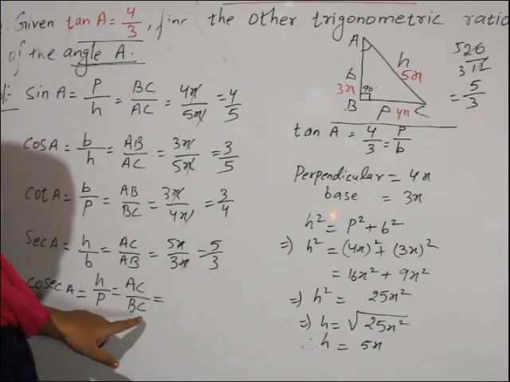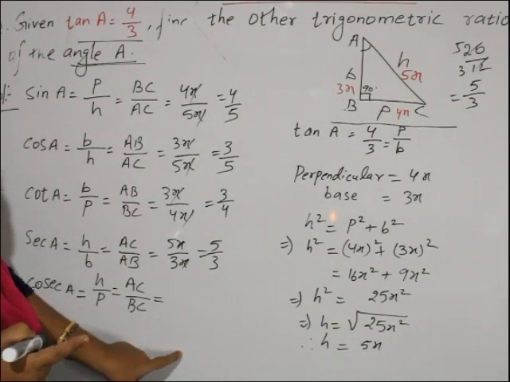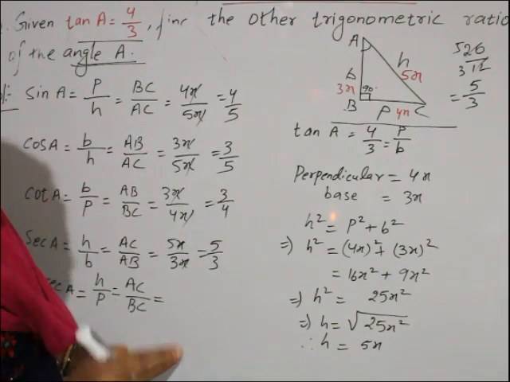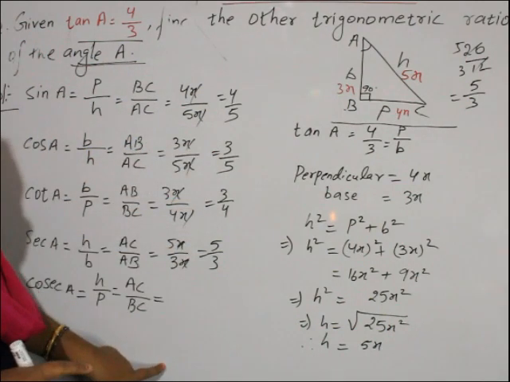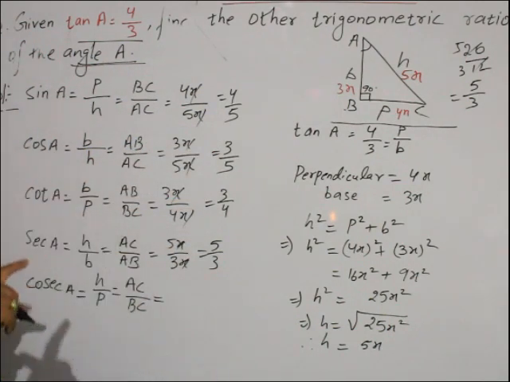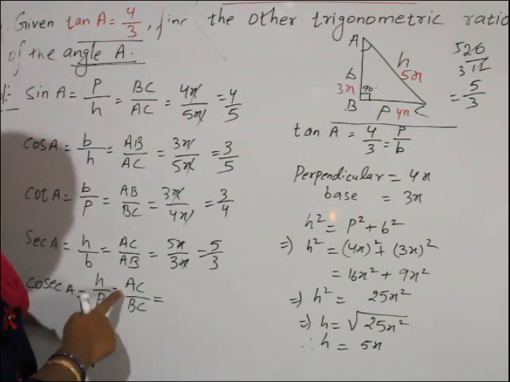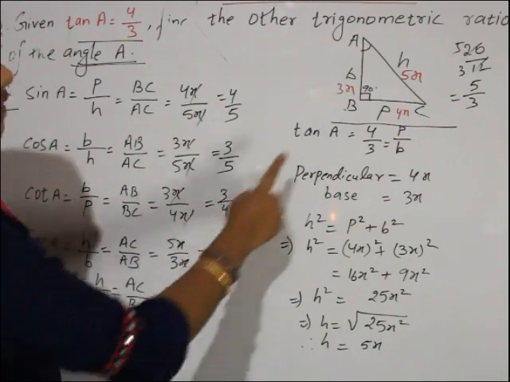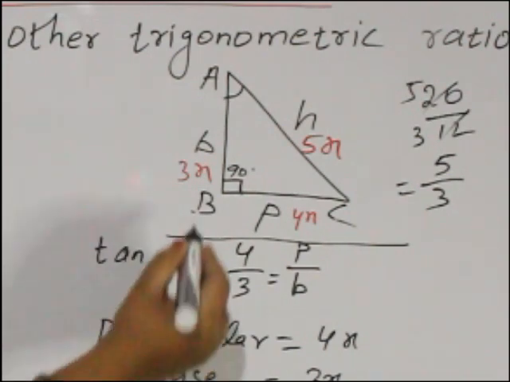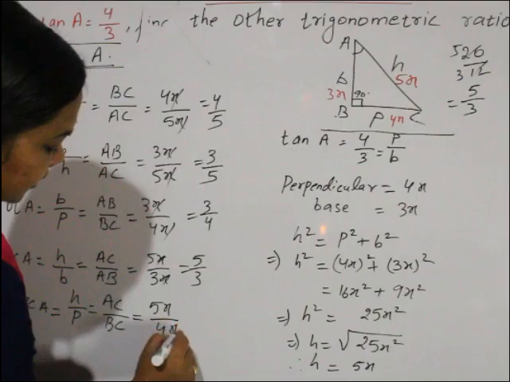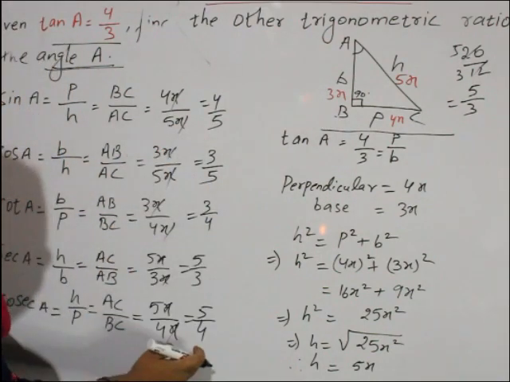Reciprocal. If this is 4 by 5, here we should get 5 by 4, because sine and cosec are reciprocal of each other. Let me check whether we are getting 5 by 4. AC is 5x and BC is 4x. Cancel, 5 by 4. See, this is 4 by 5, this is 5 by 4.